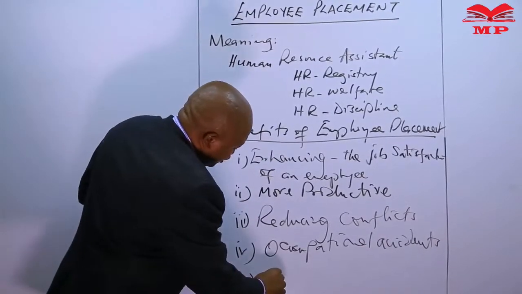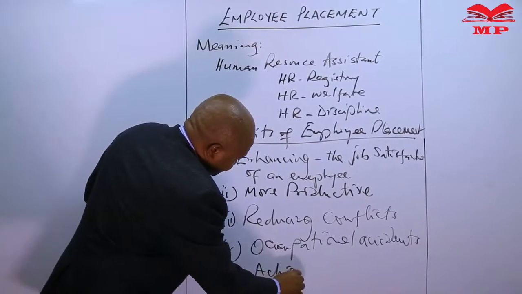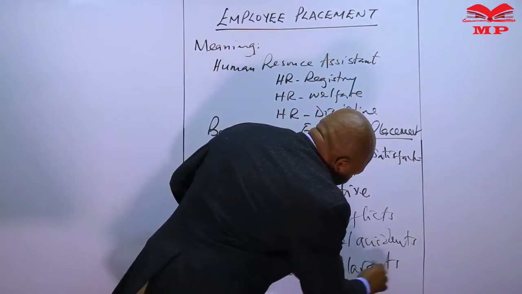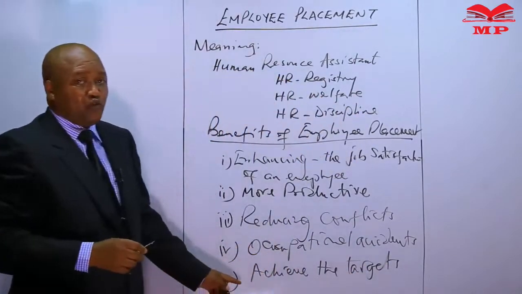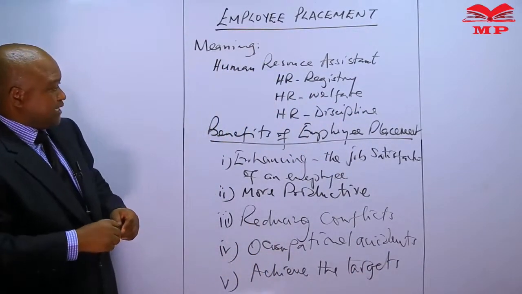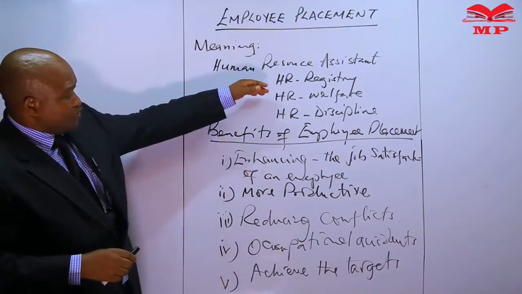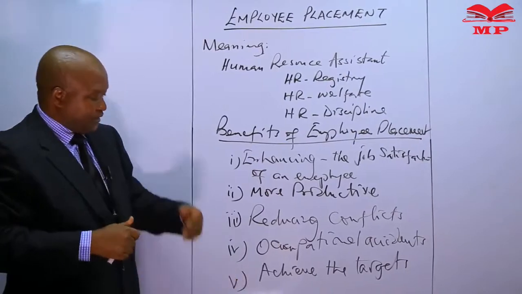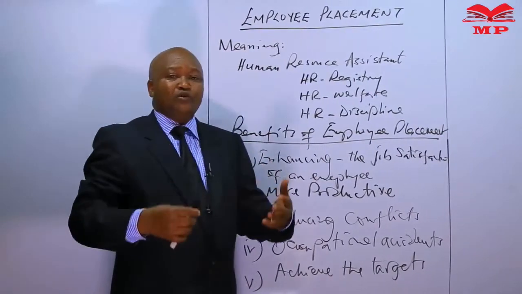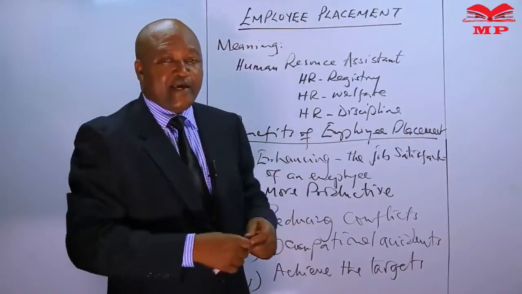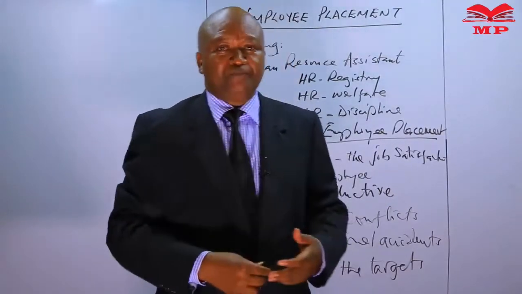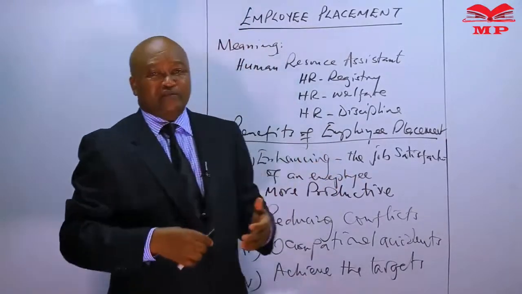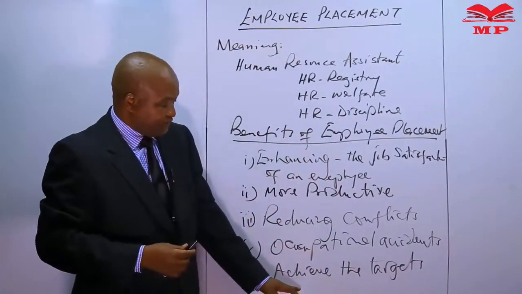Then, fifthly, employees are able to achieve the targets that are set for those particular jobs. So once an employee has been placed, for instance, as a human resource assistant in charge of welfare, and they are able to ensure that employees who are supposed to access welfare services like housing, medical checkup, medical treatment for themselves and their families are able to achieve the targets.